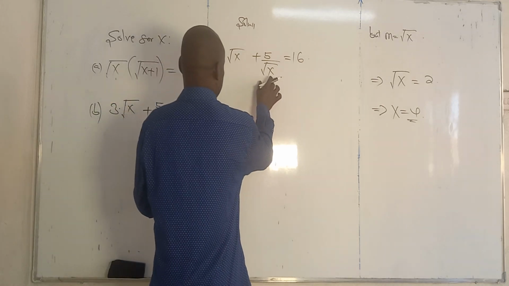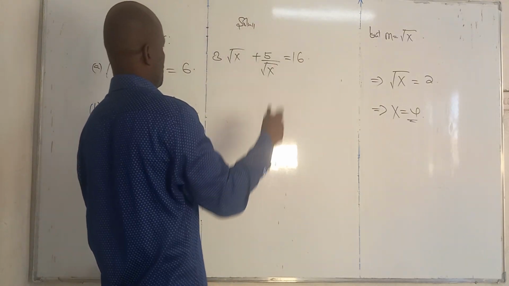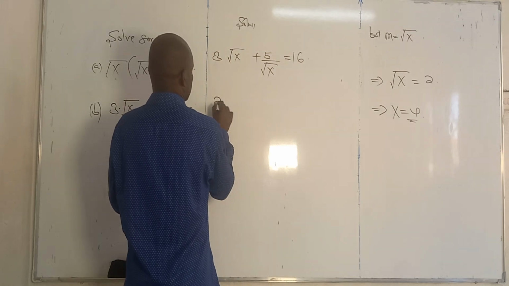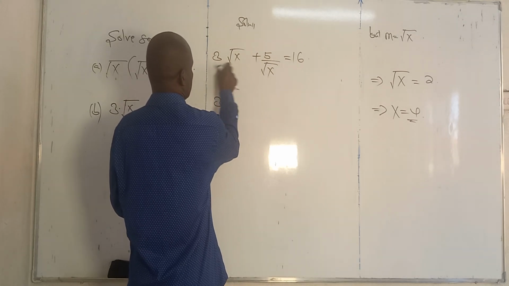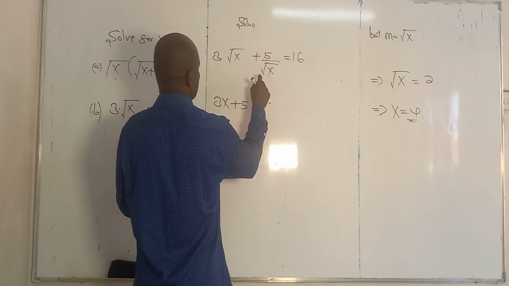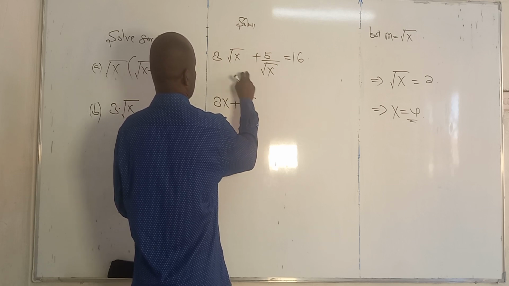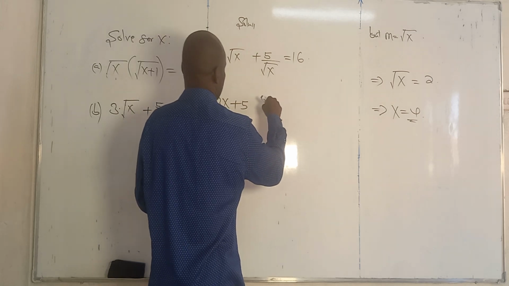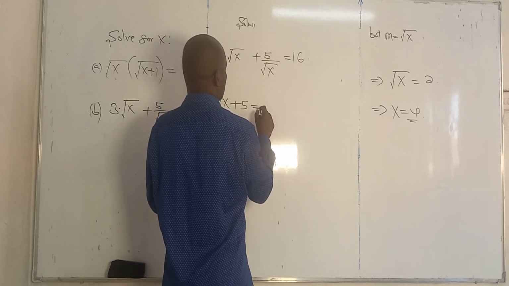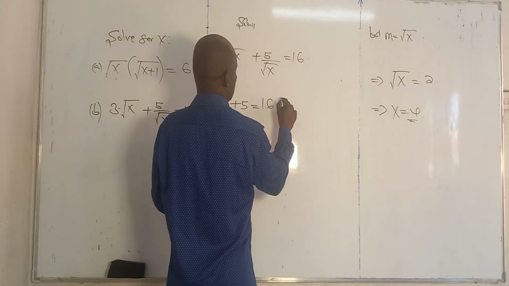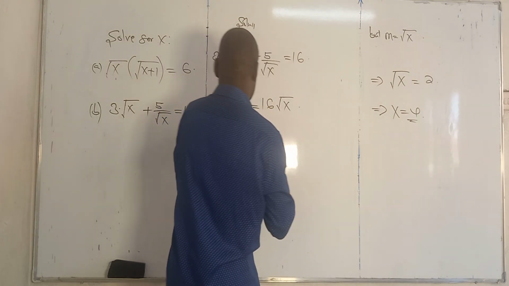Now, here we see root of x is the LCM. We can multiply each term by root of x. If I do that, I'll have 3x plus 5, since root x cancels, is equal to 16 root of x.